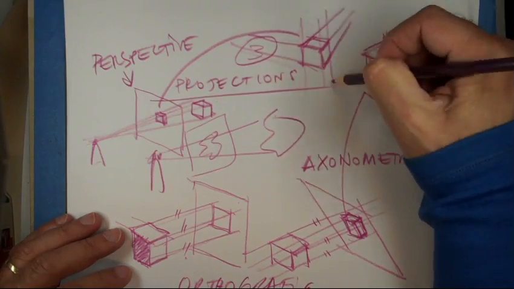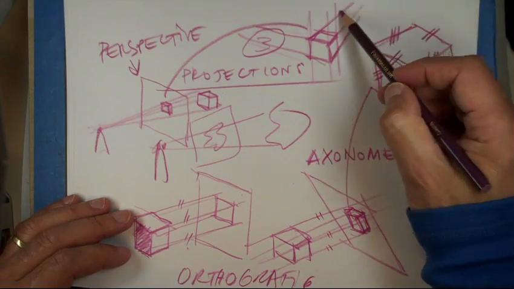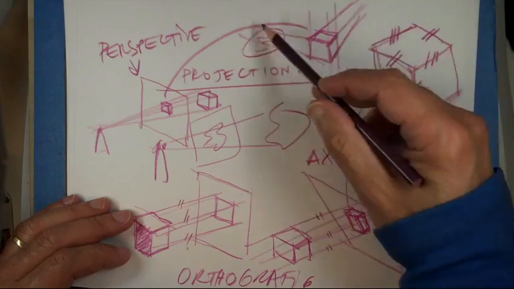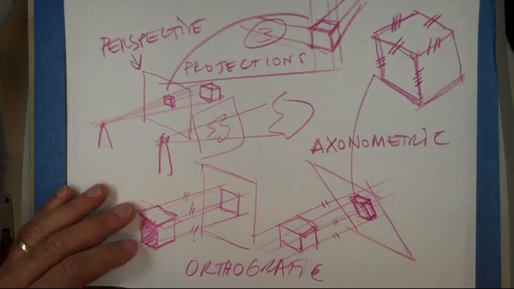And then maybe the verticals stay vertical, which might make things easier, but otherwise these lines are converging onto some points. So that's all we do.